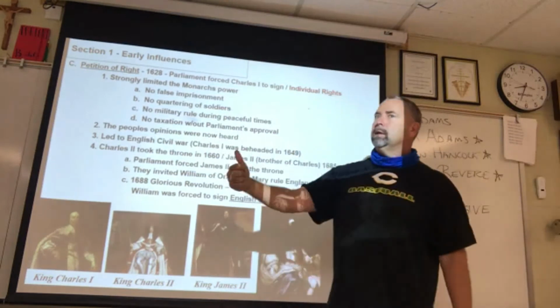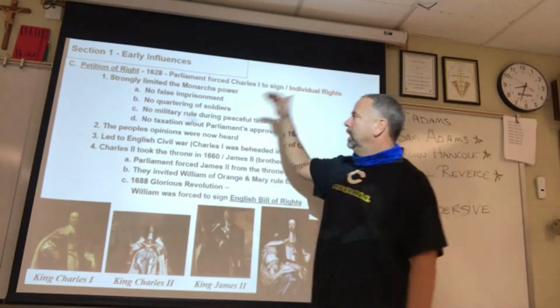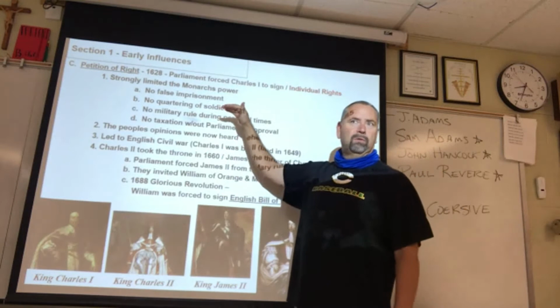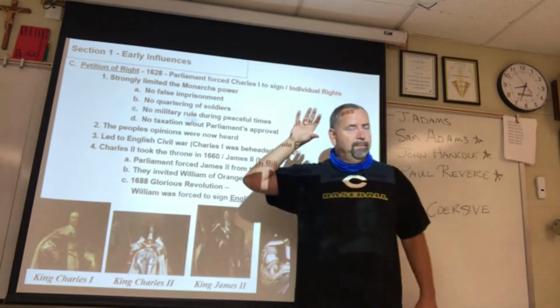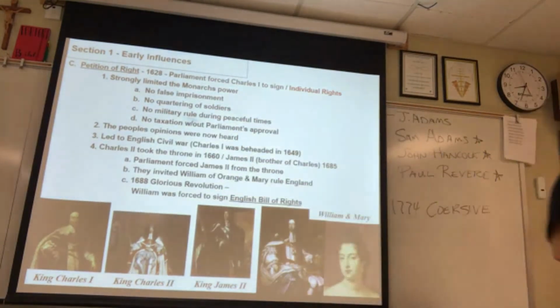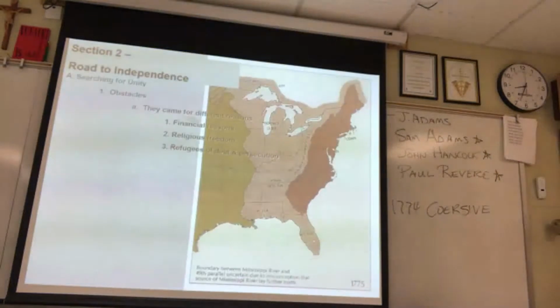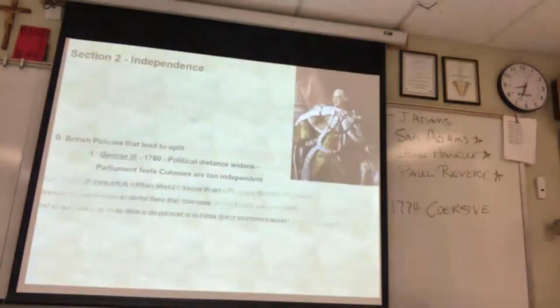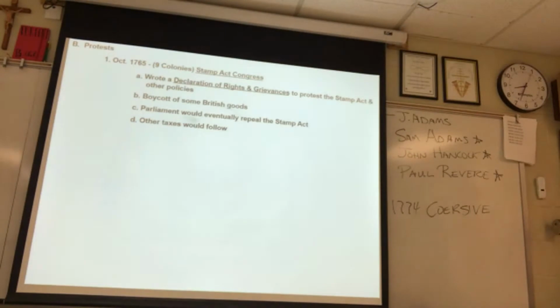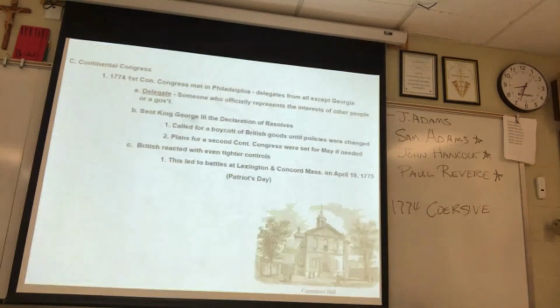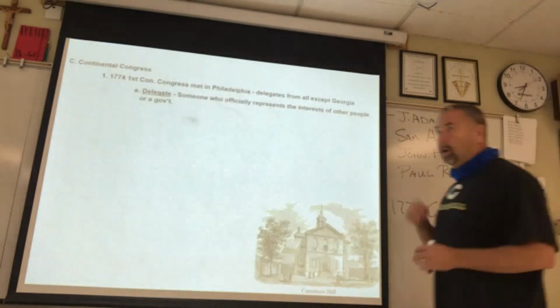Their economic livelihood is being threatened. Now they're being kicked out of their own homes. And so people are very upset, and we're going to start to see rebellion. So immediately after the Intolerable Acts were created, they set up the first Congress.